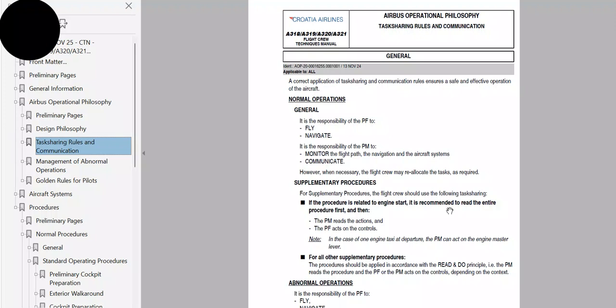If the procedure is related to the engine start, like the one that we need to start without the APU, with external power and external air, this is how you do it: the crew first reads the whole procedure in advance, to familiarize themselves with it, and then when the time comes to do it, the pilot monitoring reads the whole line, and the pilot flying acts on command.